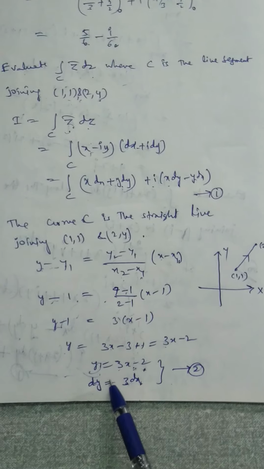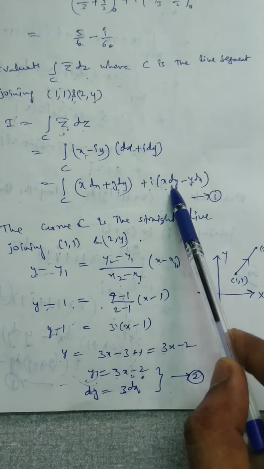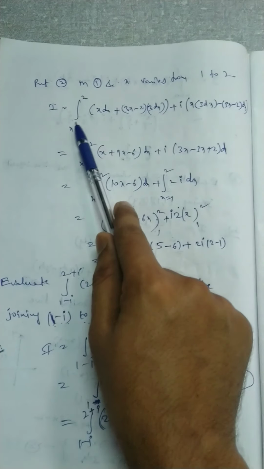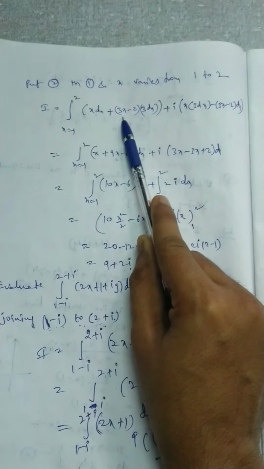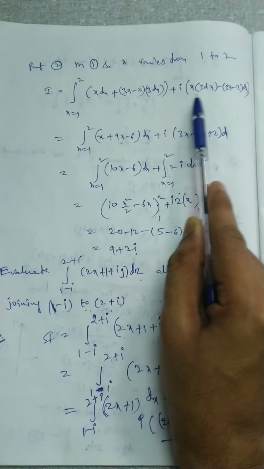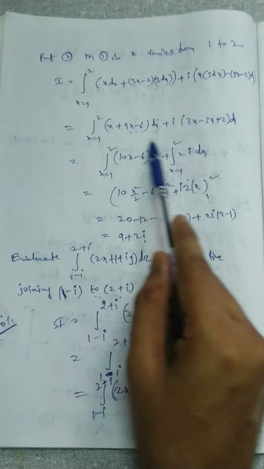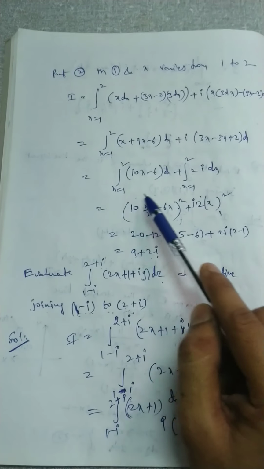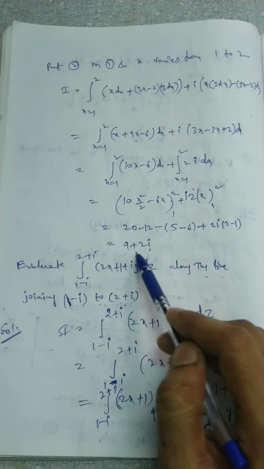Now write y as 3x minus 2 and dy as 3 dx in equation 1. This can be written as the integral for x from 1 to 2 of x dx plus, with y replaced by 3x minus 2 and dy by 3 dx, i times x into 3 dx minus (3x minus 2) dx. You can simplify this integrand in terms of x only, and applying proper integration formulas we get the value of the integral as 9 plus 2i.